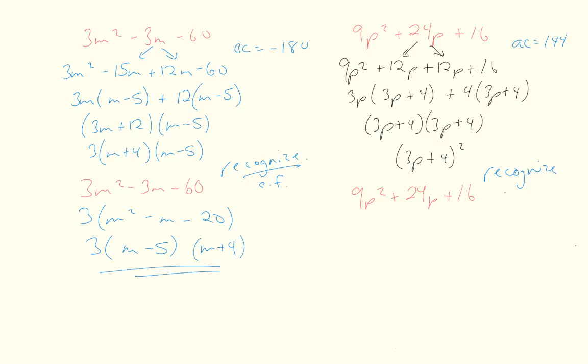This guy here is a perfect square trinomial. How do perfect square trinomials factor? Always like this. 9p squared is the square of 3p. 16 is the square of 4, and it's all done already. So, again, recognize, so important, saves so much time.